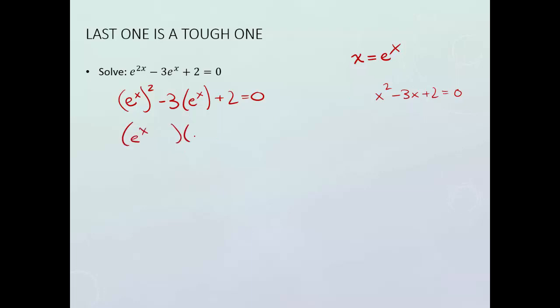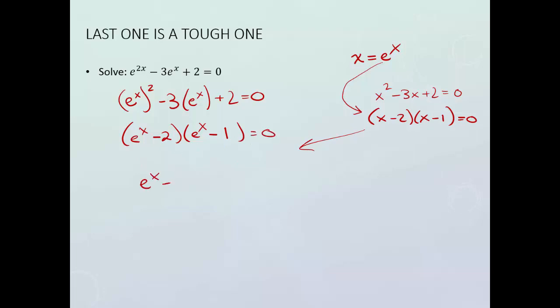E to the x, what two numbers multiply together to be positive 2 and add together to be negative 3? That's going to be negative 2 and negative 1. So same thing over here, x minus 2, x minus 1, and then you're welcome to substitute that back in right here. So we have to set each of these individually to 0.